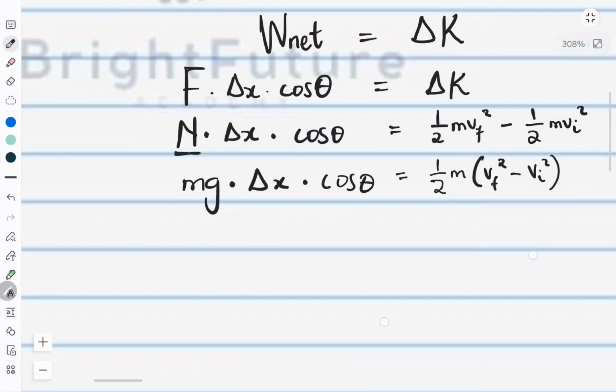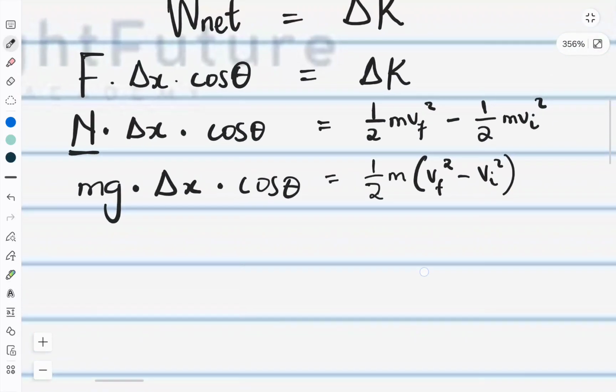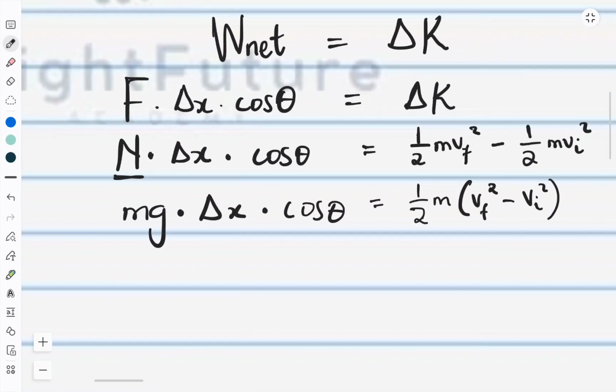Okay, so now we have that. Now we can start substituting values. 0.4 is our mass, 9.8 is our gravitational acceleration.